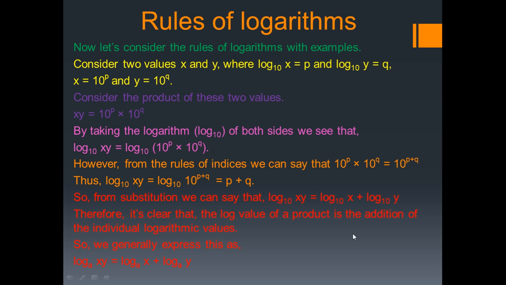So what's important here? If you multiply two terms inside a log, you don't actually need the base to be 10, it can be 2, it can be 3, it can be 5, any base, right?